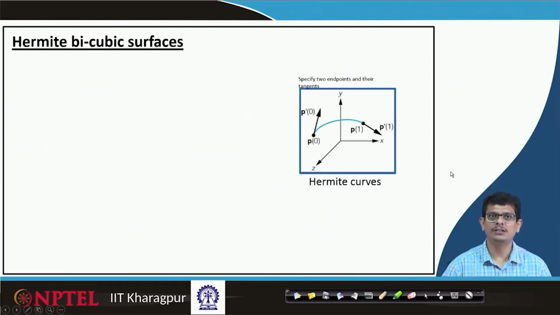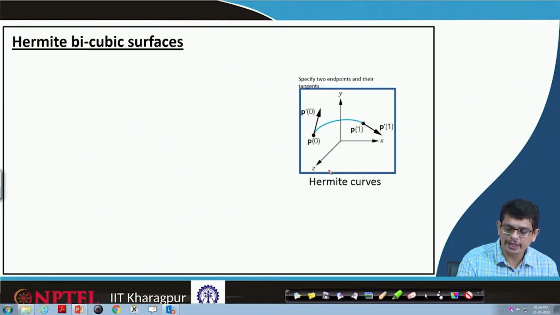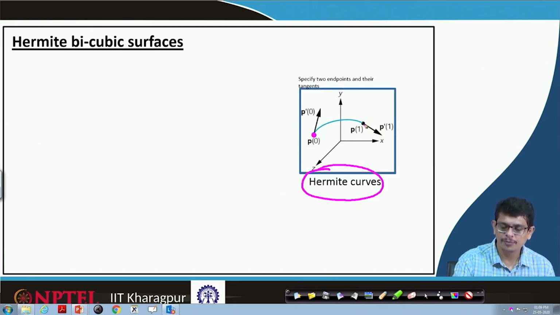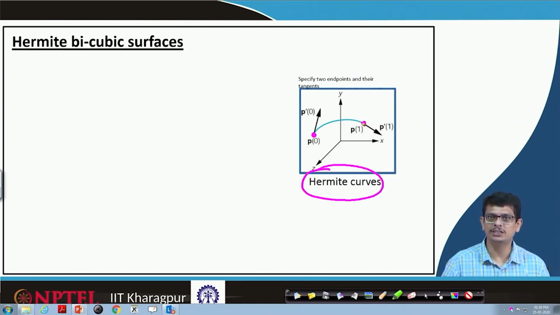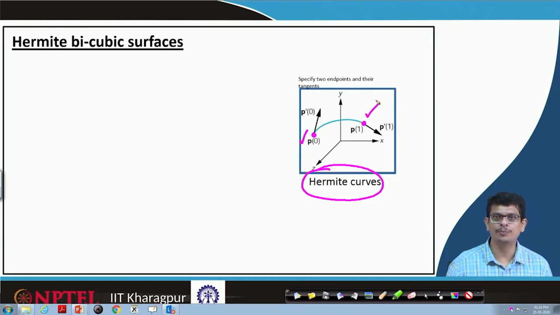The first one, in terms of Hermite bicubic surfaces, what we do is we construct a curve between points. For example, the point P naught, P1, we know these are any x, y coordinates of that system. We have information about that point, we have information about P1.